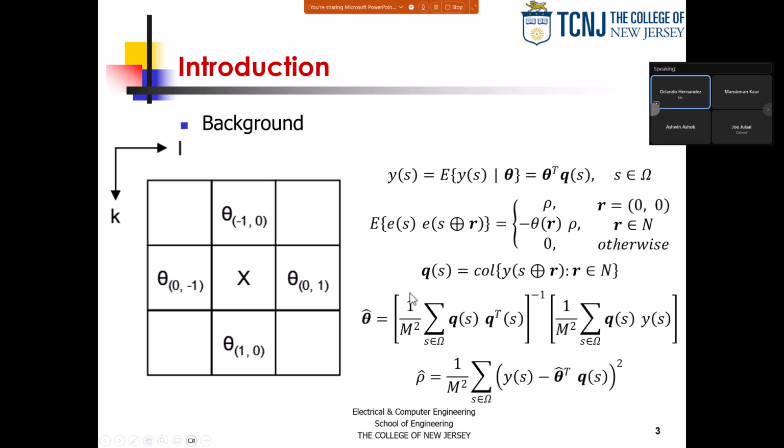These last two equations here are the estimates of the thetas formulated as matrices.